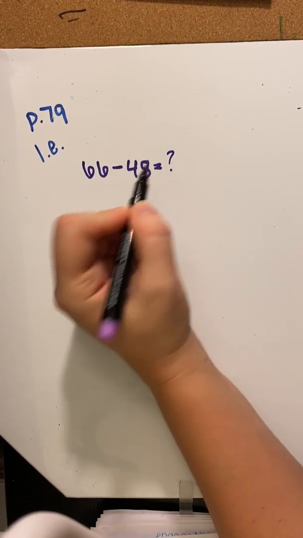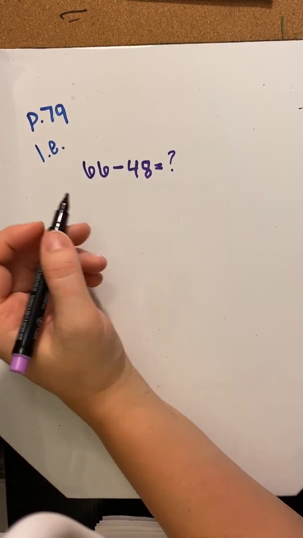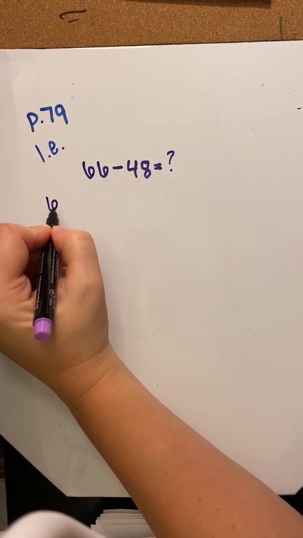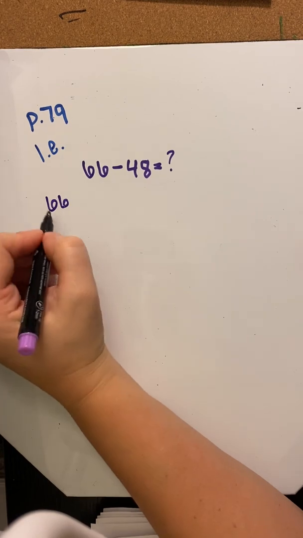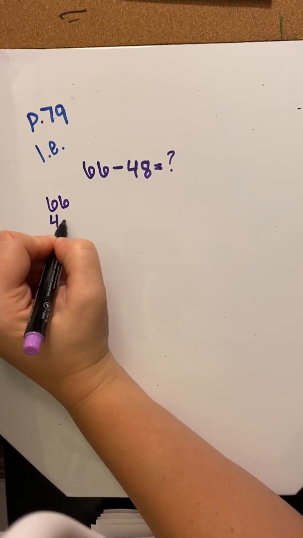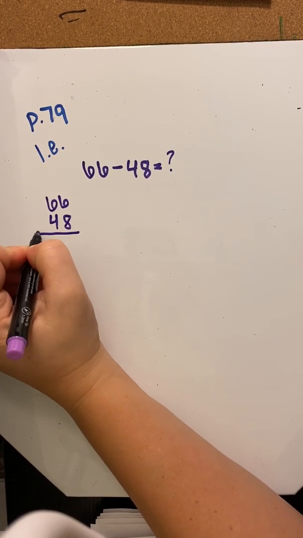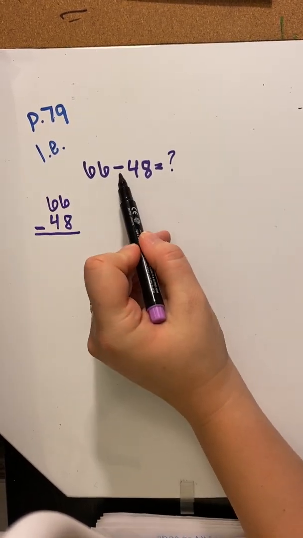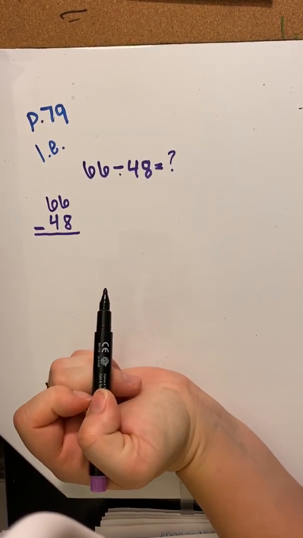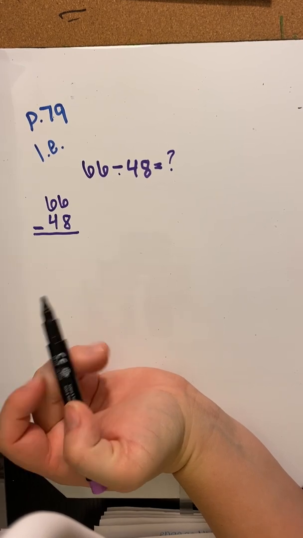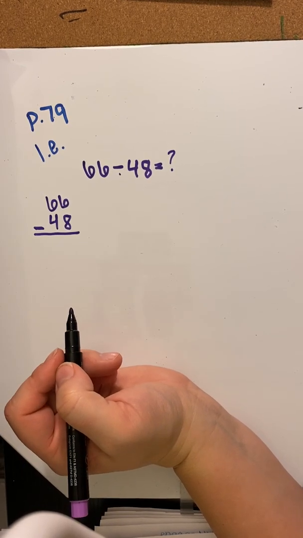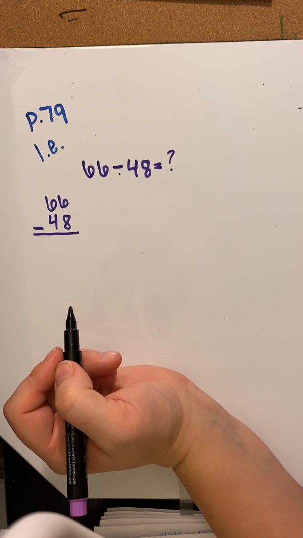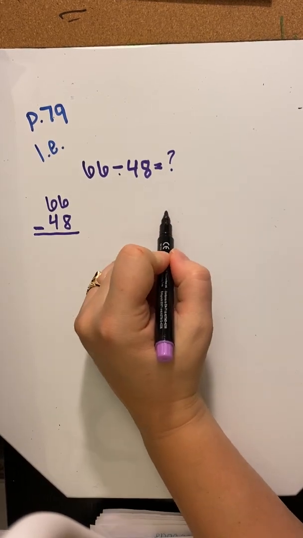Of course, we need to line them up vertically, okay? Don't forget to add our equations up vertically. And again, don't forget our minus sign. We're taking the same sign that's here and just moving it there, okay? So 66 minus 48.